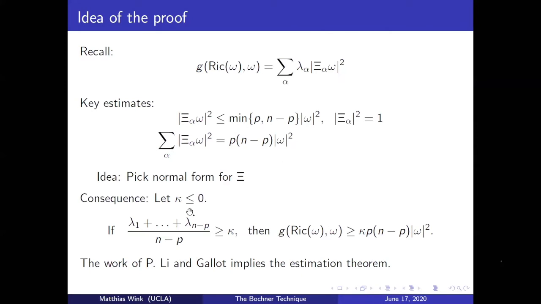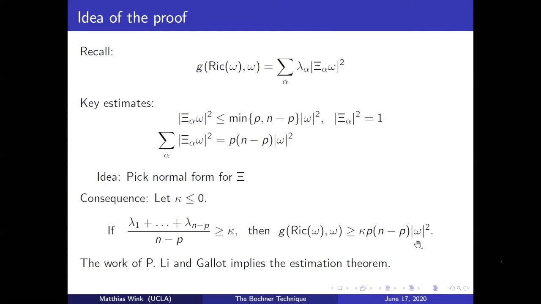Let's pick kappa non-positive as before. If we look at the average of the first n minus p eigenvalues of the curvature operator, then this argument shows that the curvature term in the Bochner formula is bounded from below by kappa p times n minus p times norm omega squared. And that's all we need.